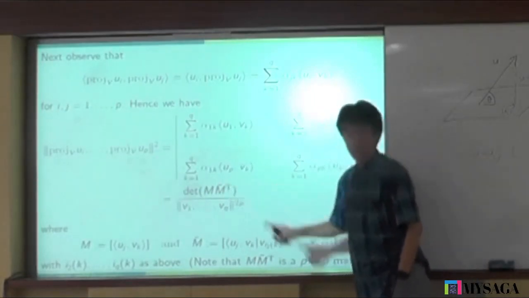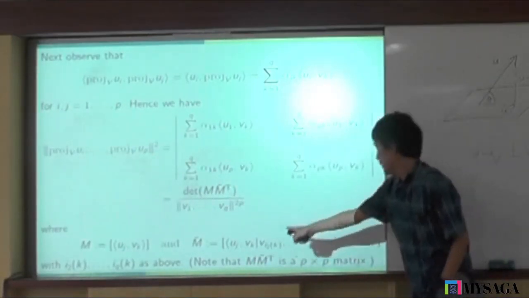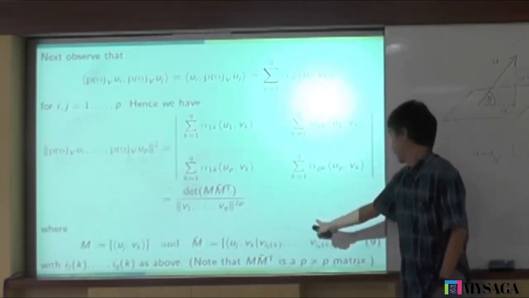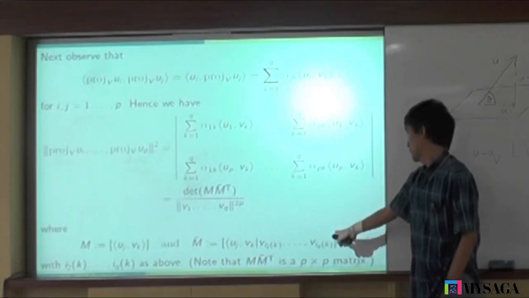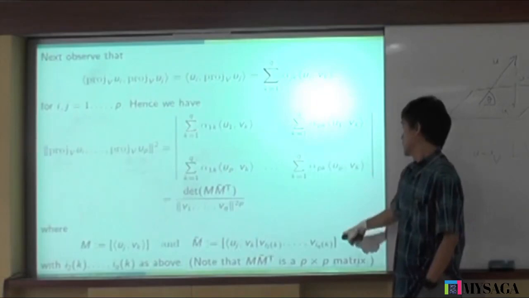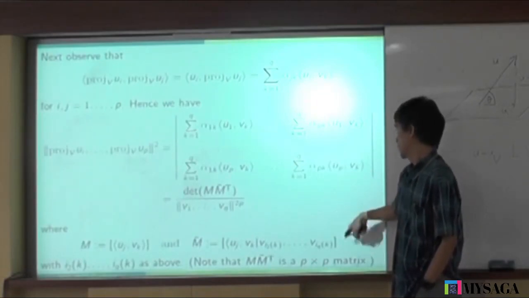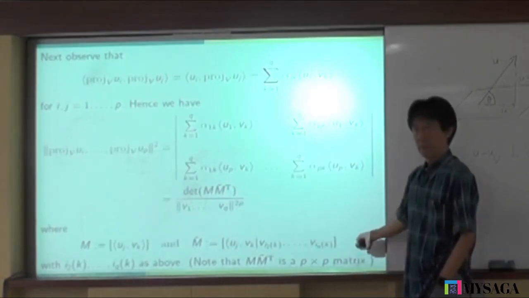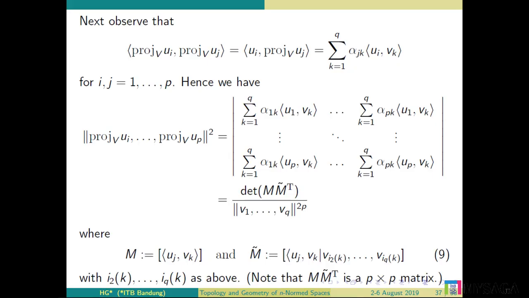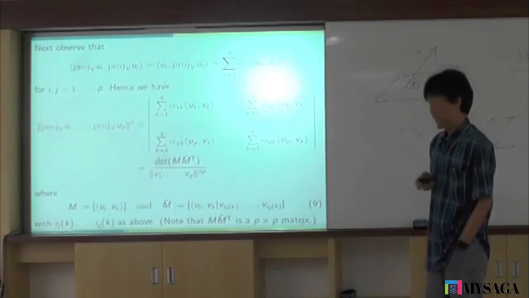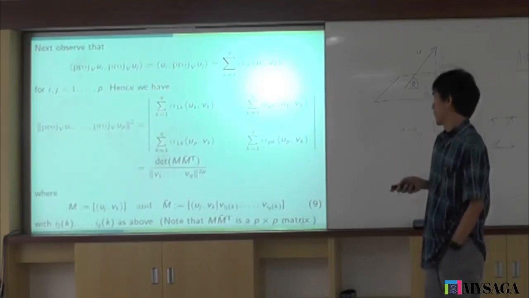So we get M tilde instead of M, and that M tilde is a matrix. M is P by Q. This is P by Q also, but you take the transpose, so it's Q by P. So the product is P by P. That replaces the wrong formula that Mitkowski and Tensorflow wrote.